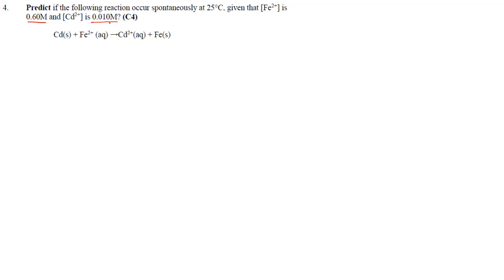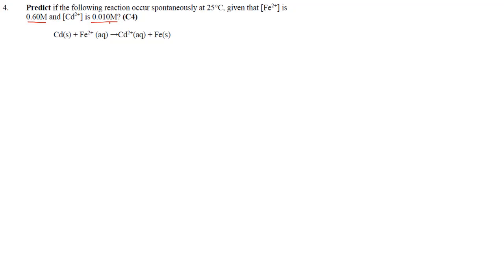If standard condition, the concentration needs to be 1 molar. So we can directly calculate E0 cell, E0 cathode minus E0 anode. Okay, and if the value is positive, it means it is spontaneous. Now our concentration is not 1 molar, meaning it is not under standard condition. Okay, when it is not under standard condition, you must understand we have to calculate E cell using the Nernst equation.